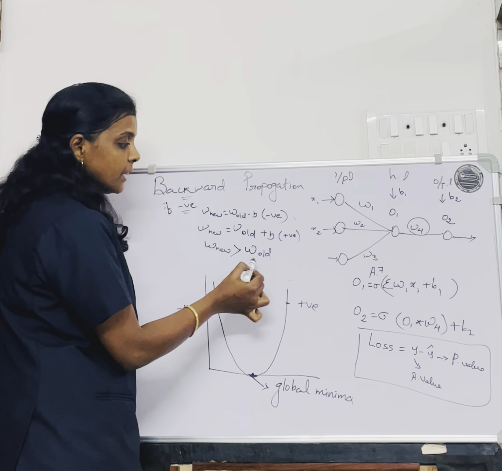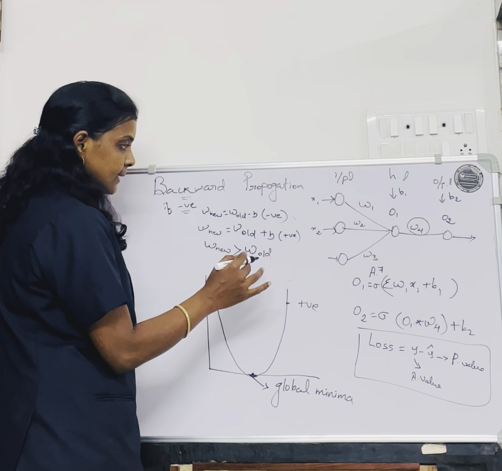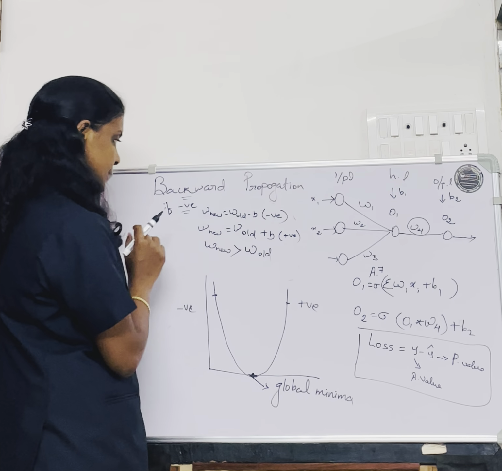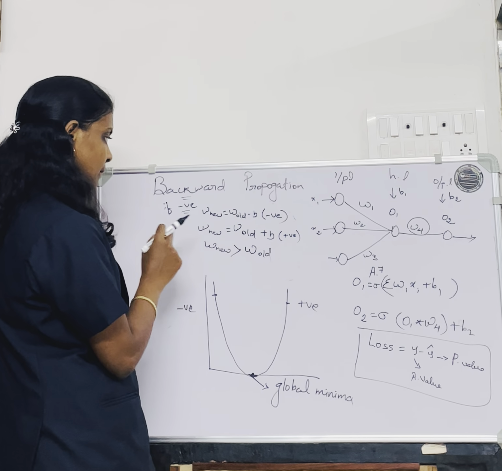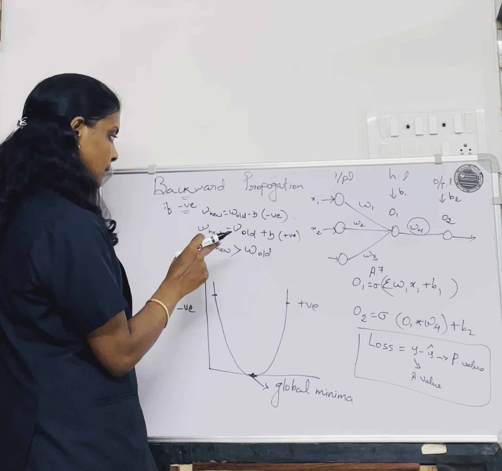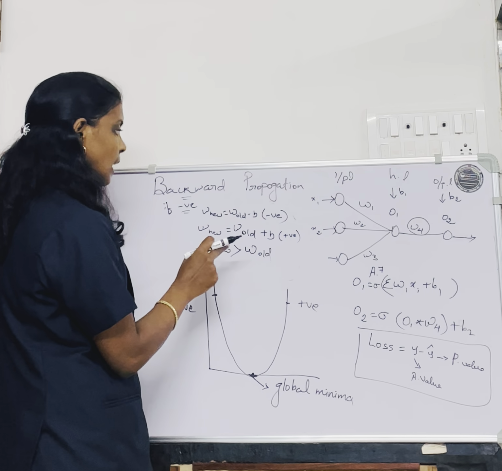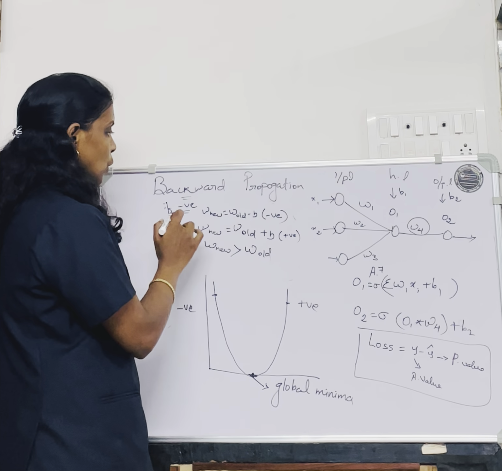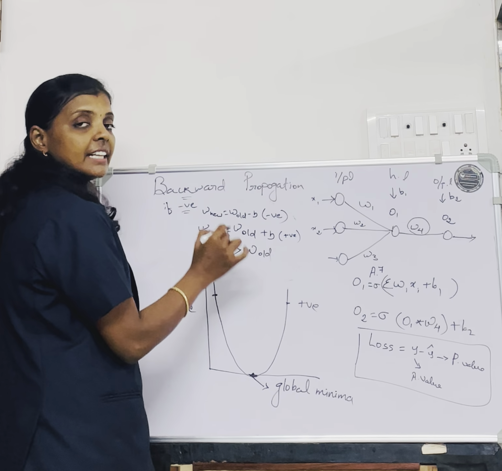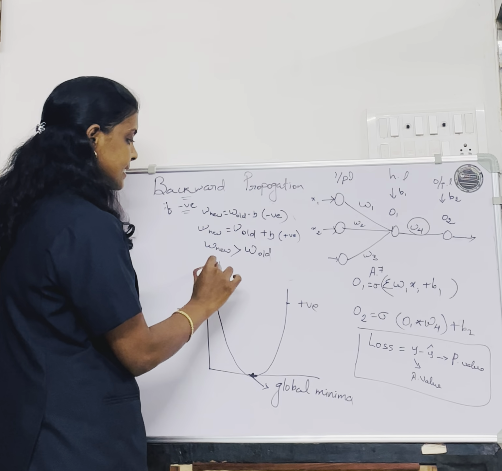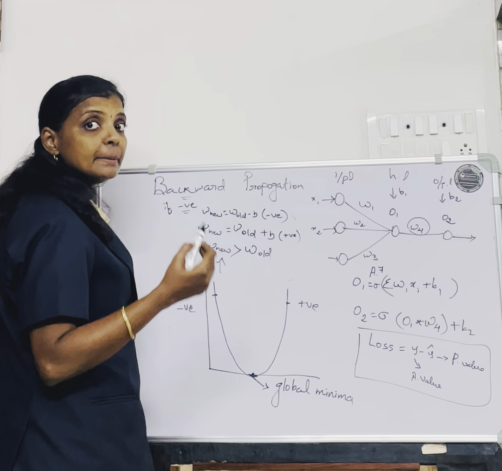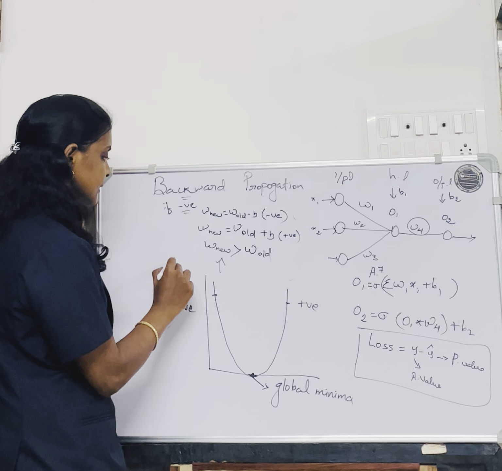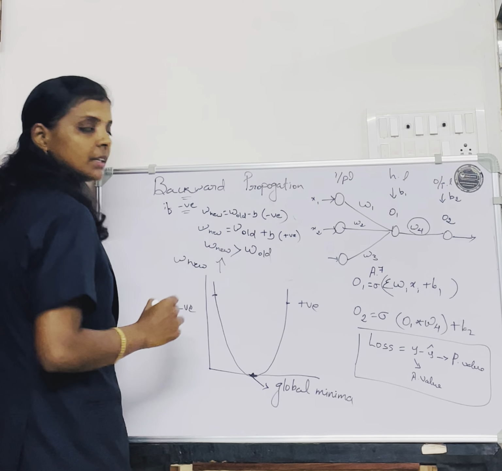So our old weight will be increased, right? Yes, comparatively our new weight will be increased. So if the slope is negative, the weight will increase. The new weight will increase in that negative slope.